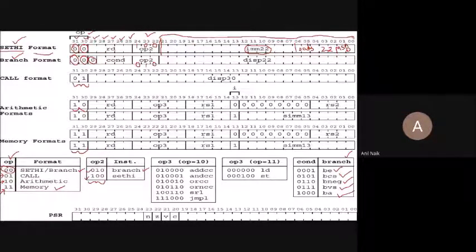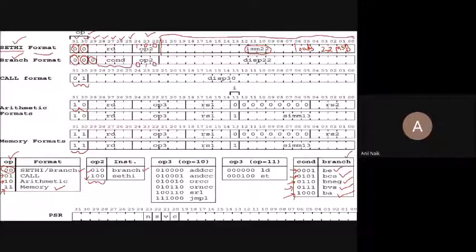These are the branch instructions and there is a particular unique code for each. Branch if equal is 0 0 0 1, branch on carry flow 0 1 0 1, branch if negative 0 1 1 0, branch overflow 0 1 1 1, branch always. So you have to place these conditions here. 4 bits are reserved for the condition.